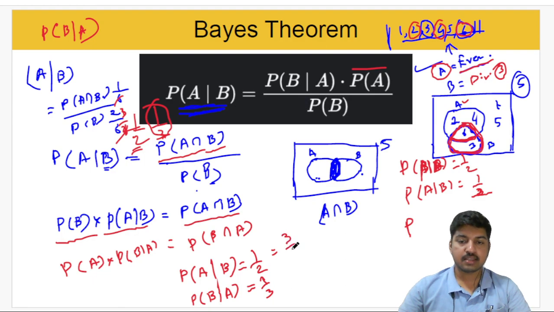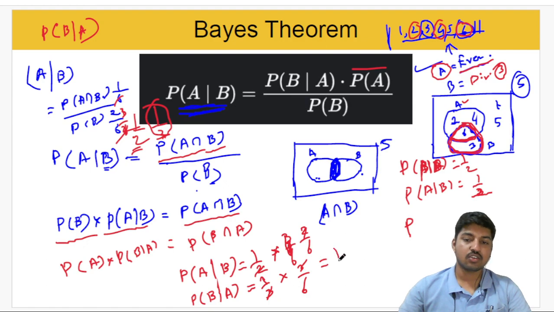It is 3 by 6. What is the probability of event B? It is 2 by 6. What is the probability of event A? It is 3 by 6. And if you multiply these both, you will get the same answer, 1 by 2 into 1 by 3, so this 2 will get cancelled, this 3 will get cancelled, is equal to 1 by 6.